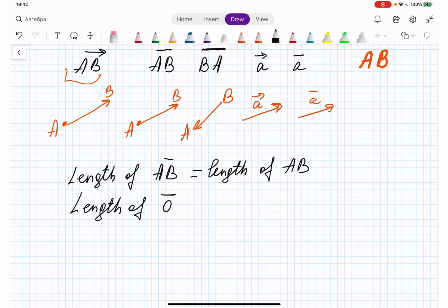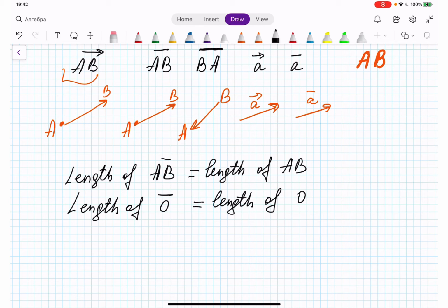Where the end of the vector coincides with the beginning or starting point of the vector. Its length is the length of segment zero. Okay? And the vector length is indicated by the module mark, meaning absolute value, AB, or it can be the absolute value of A, let's say.